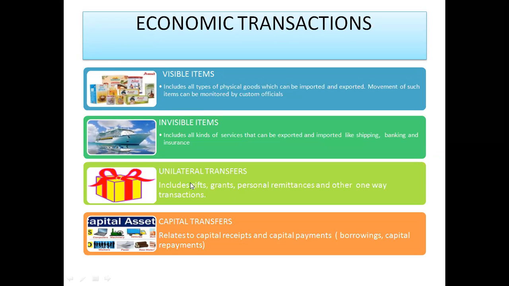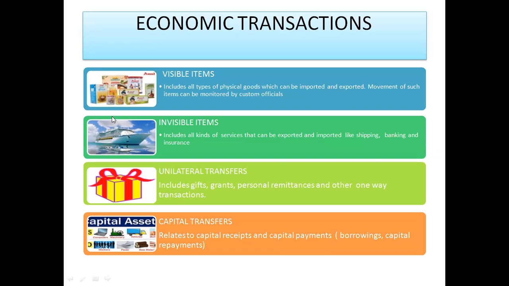Then third, which we are covering, is unilateral transfers. Unilateral transfers means one-sided transfers, from one country to another, for example in the form of gifts, grants, personal remittances, or any other transfers.